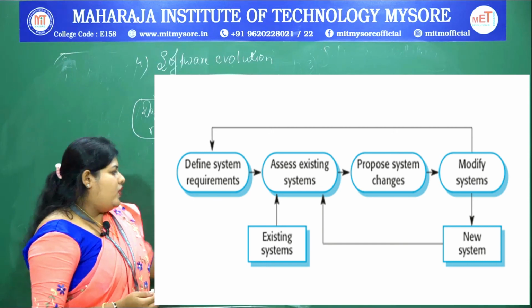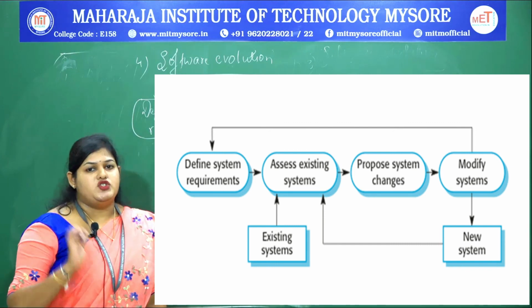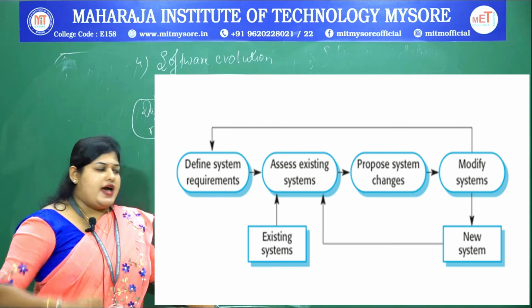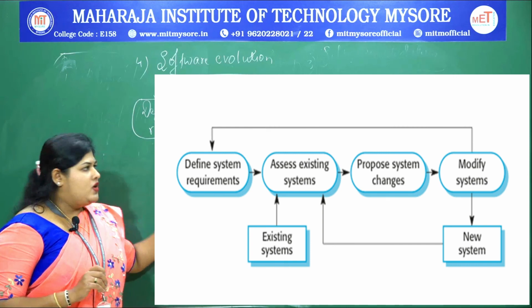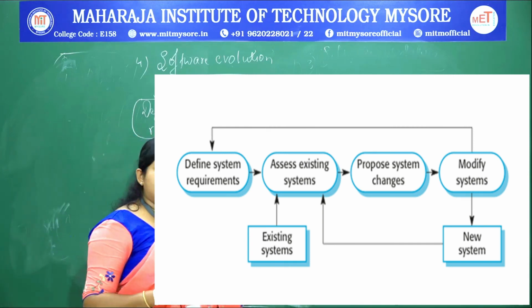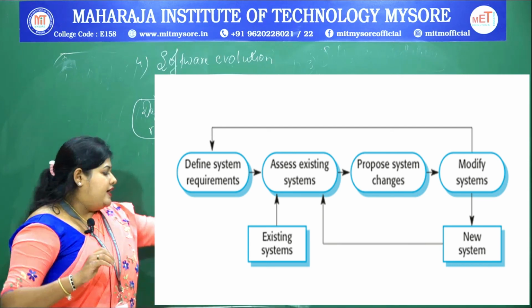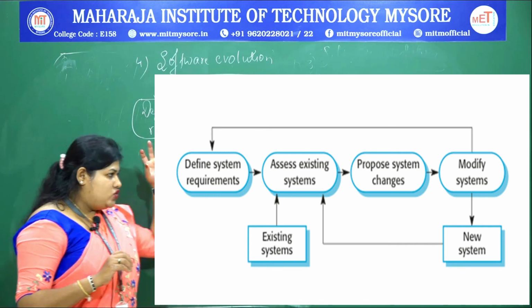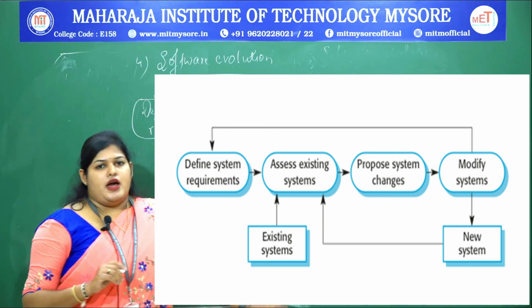So the system should also be ready to accept the changes, and there should not be any resistance from the beginning of your process. It is better to make a new system that satisfies the requirements as well as accepts the changes. It should accept the changes and accordingly the process will evolve.